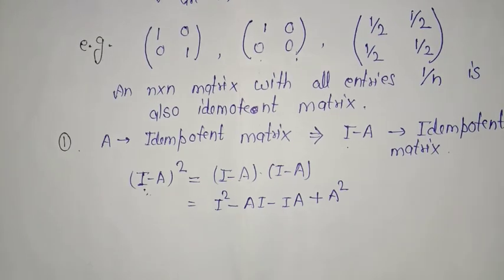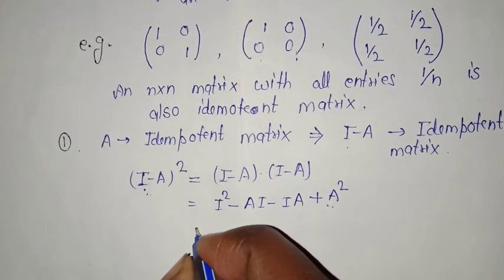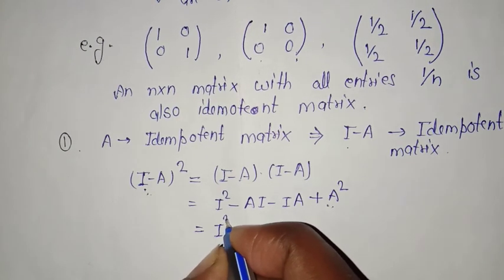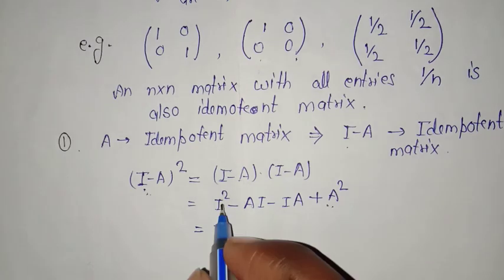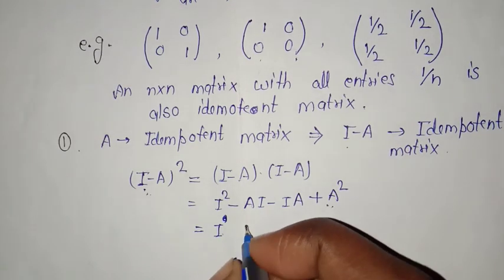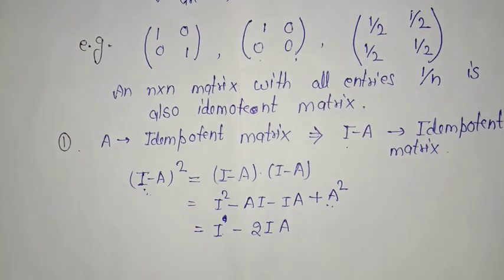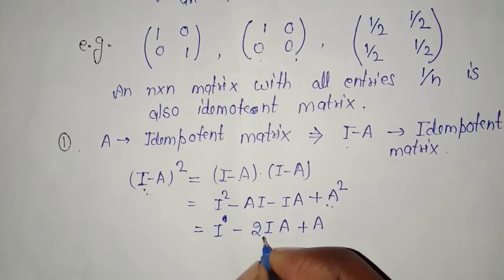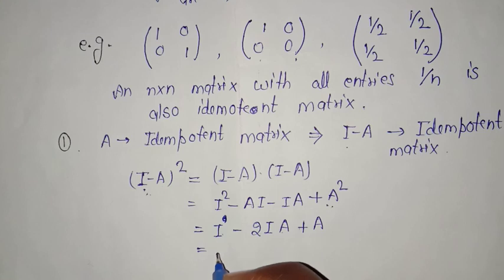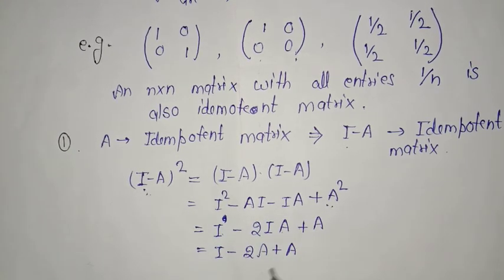Since the matrix A is idempotent, A square must be equal to A. I square becomes I, because I is also an idempotent matrix. This can be expressed as I minus 2IA plus A. Now if any matrix is multiplied with the identity matrix, again we get the same matrix. So this becomes I minus 2A plus A.